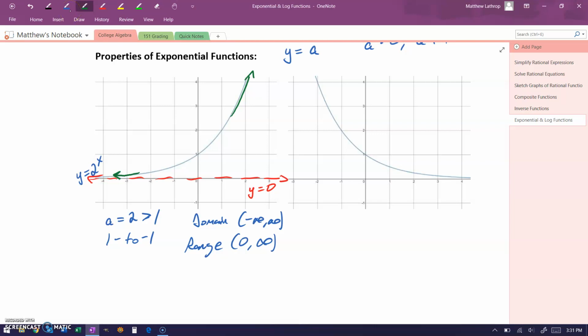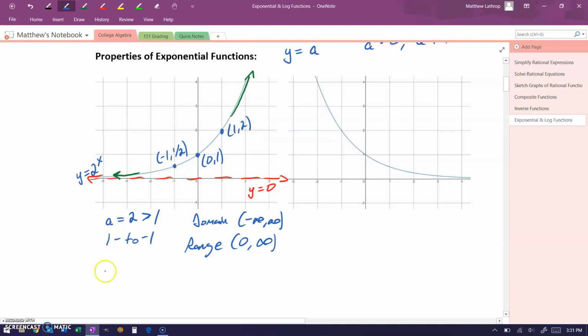And our function will always hit a few key points, which we can use to sketch out our graphs. In this case, our function is hitting (-1, 1/2), (0, 1), and (1, 2).